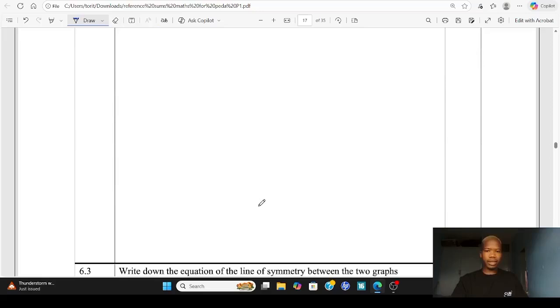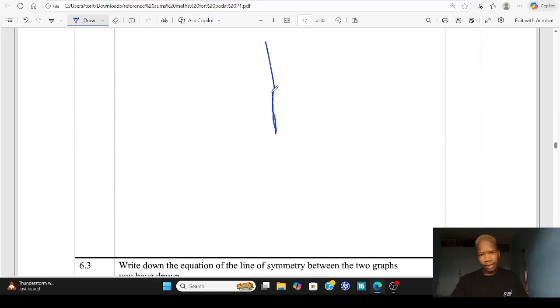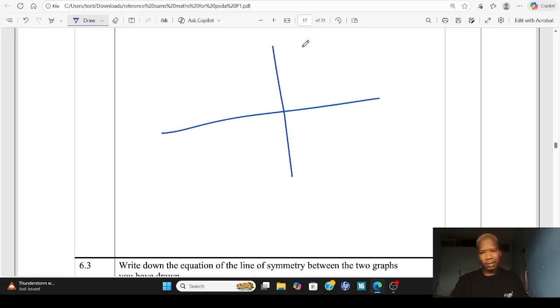So it says that we should sketch our graph. So our graph, right? Sorry for the bad drawing. Our graph will have to be something of a mirror reflection of one another, since we've already calculated the points and found out that it is 1 is to 1.